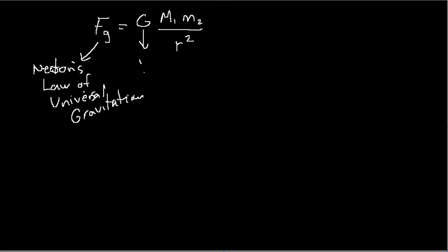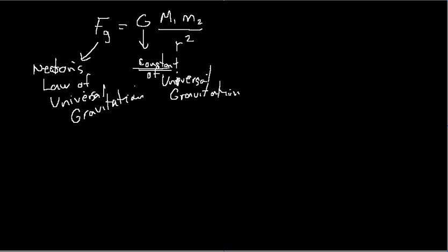Let me see how I can write that. Constant of universal gravitation. Boy, I'm spelling really bad tonight. Universal gravitation. Here's the operative word.